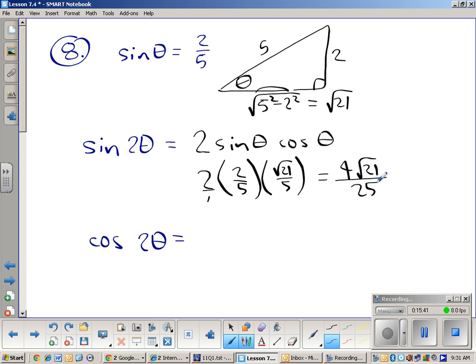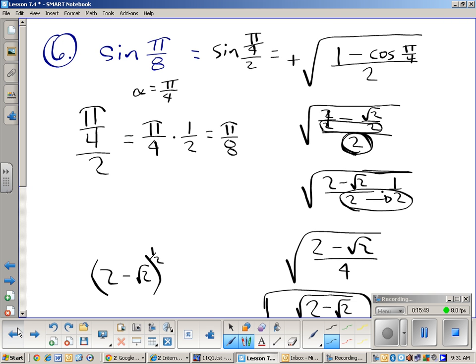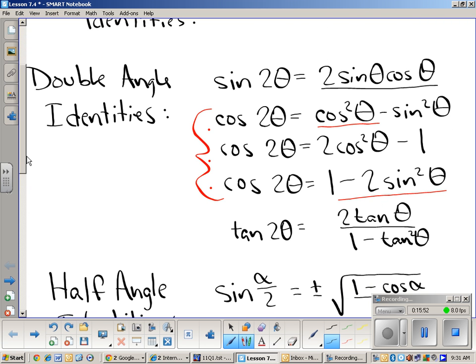Now on this one, I can use whichever rule I want. Remember there's 3 of them? And if I didn't have to find the cosine, which I just found, then I would only have sine in our problem. They told us sine theta equals 2/5. So you choose a third.